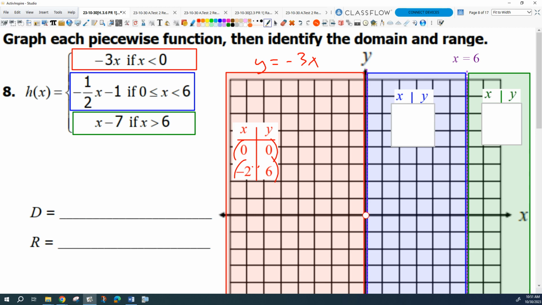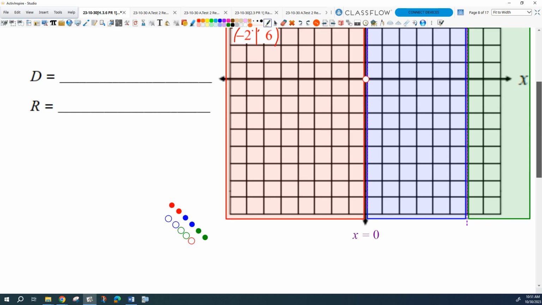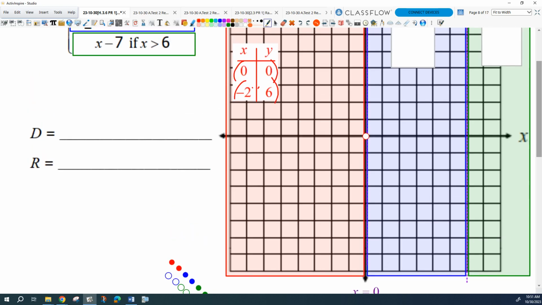Open points would only make sense possibly at an endpoint, but that's it. So then -2, 6. That gives us the point -2, 1, 2, 3, 4, 5, 6 right there.